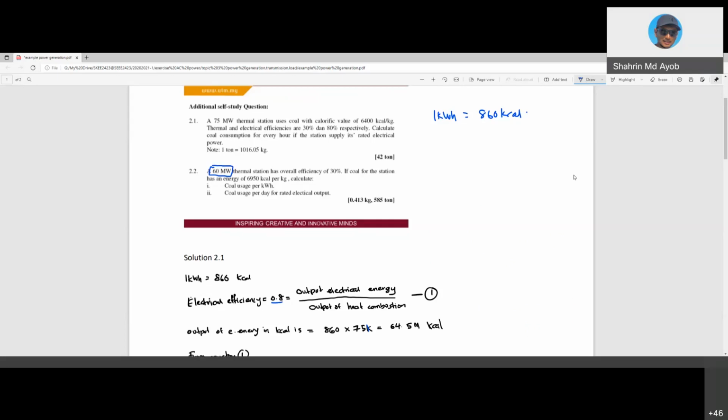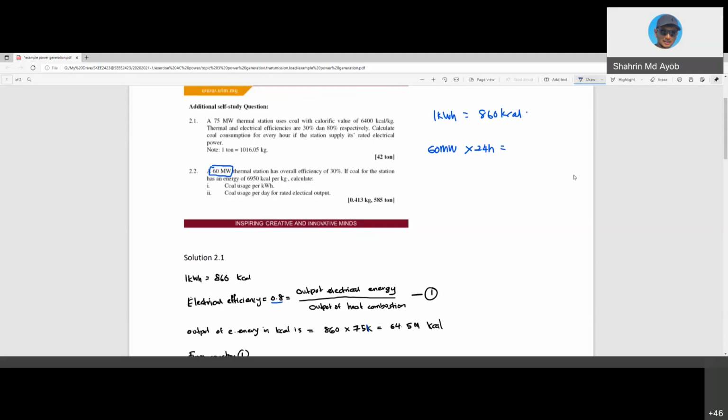So the amount of energy: 60 megawatt hour multiplied by 24 hour. Sorry, this is not hours, 60 megawatt.